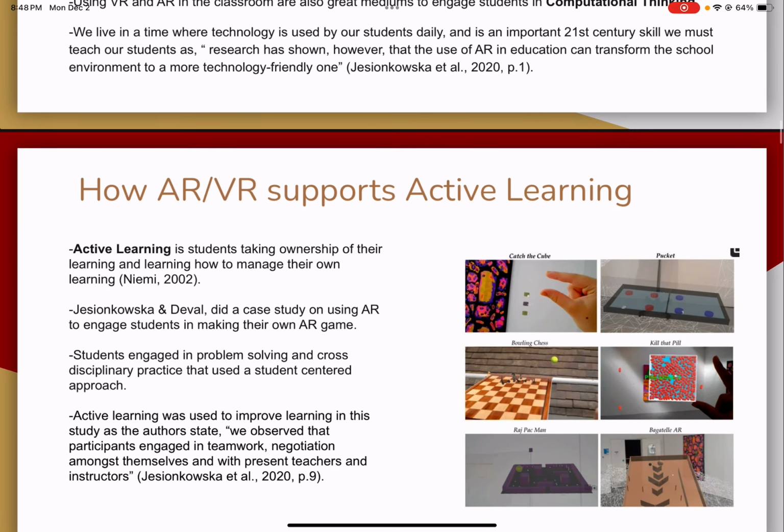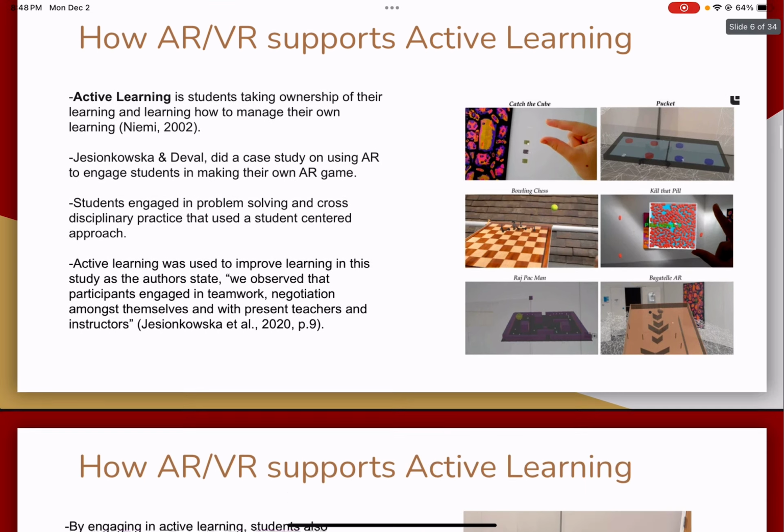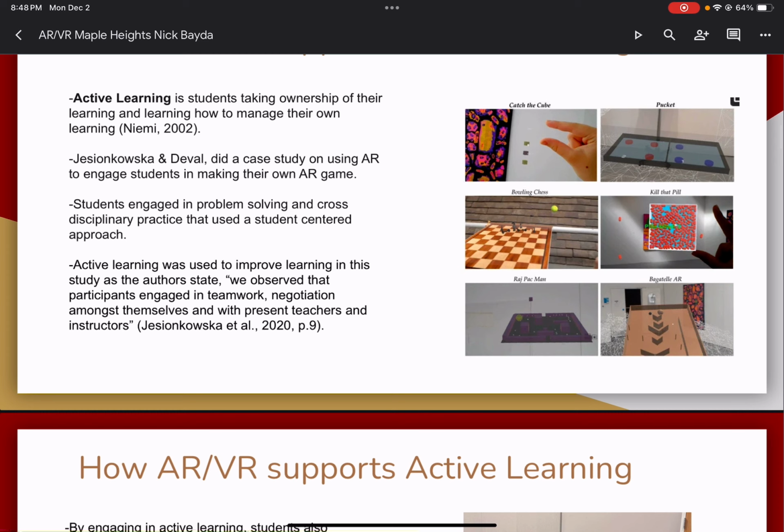So with that being said, active learning is really when students take ownership of their learning and they learn how to learn for themselves. And using AR and VR gives us a great opportunity to engage students in active learning. So I looked at a case study where a group of students made their own AR games, and the researchers noted that the big benefits were that students engaged in cross-disciplinary practice.